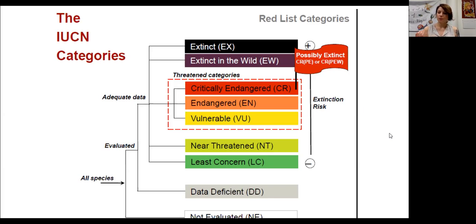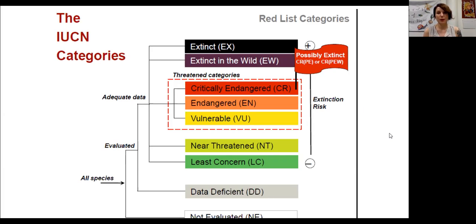Up beyond that, we have extinct in the wild and extinct. So extinct in the wild means that the only specimens left of the species are found in zoos. And extinct means we haven't found any in a very long time.